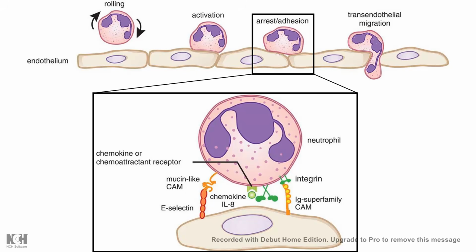This adhesion-based interaction slows down these neutrophils and allows them to rearrange their cytoskeleton and squeeze through the vascular endothelial cell layer. That is why N-linked glycosylation is so important in many respects.